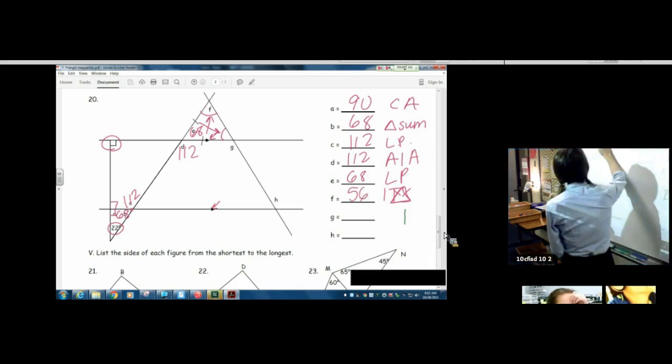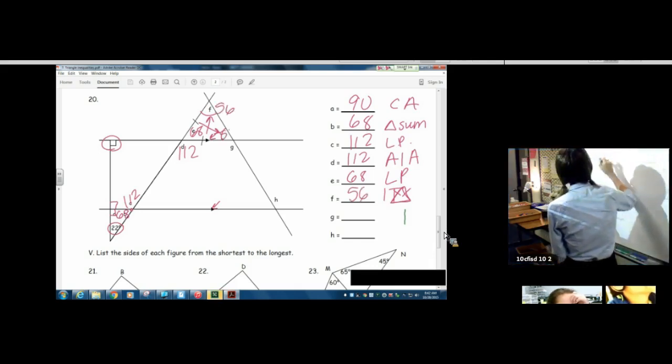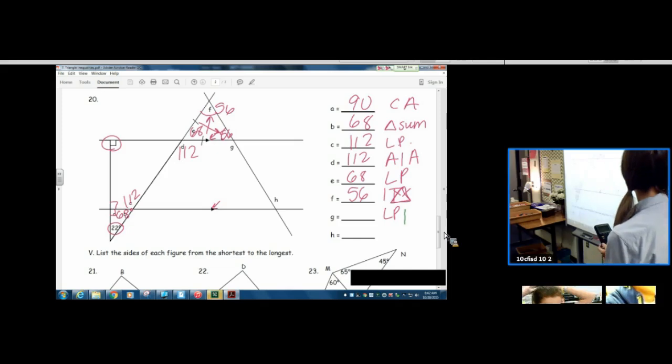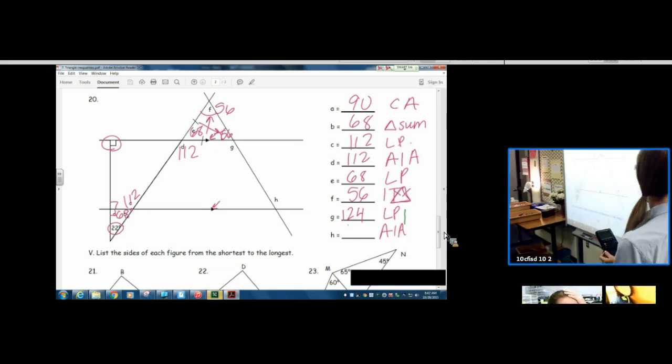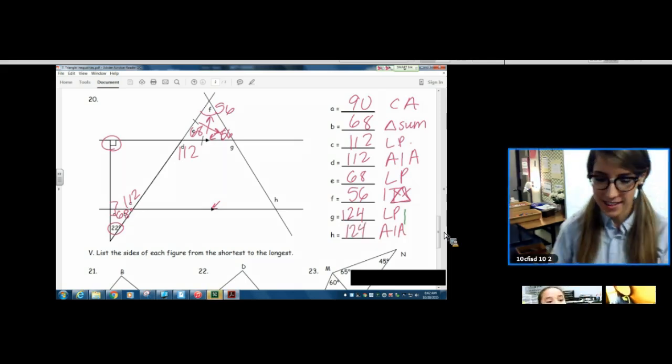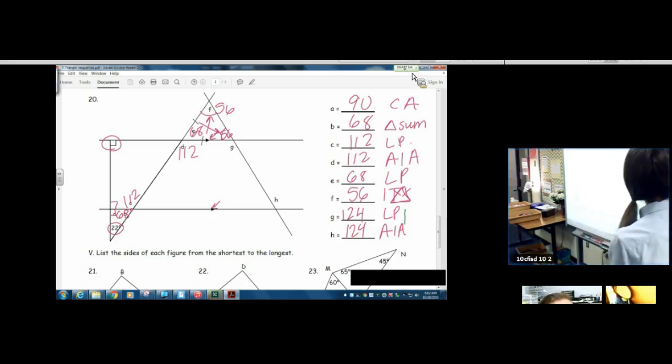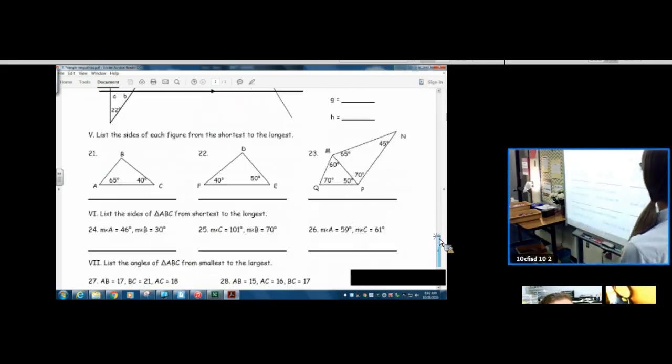They're both 56. Now I can use the linear pair theorem to find G. 180 minus 56, 124. And then I can use alternate interior angles to find H. Man, that was a good problem. Okay, 23, and then we'll move on to the lesson.